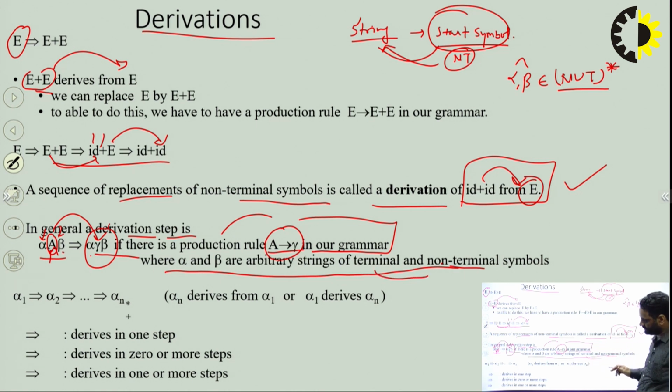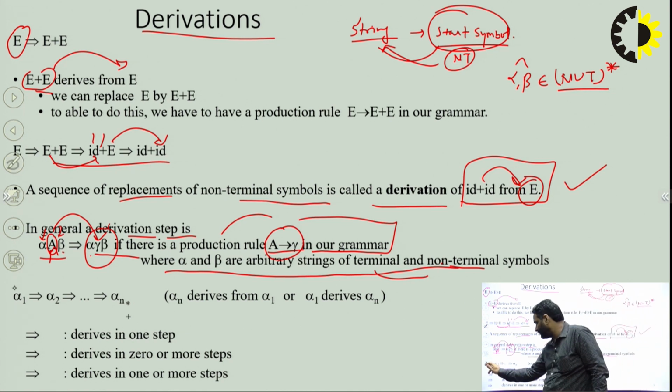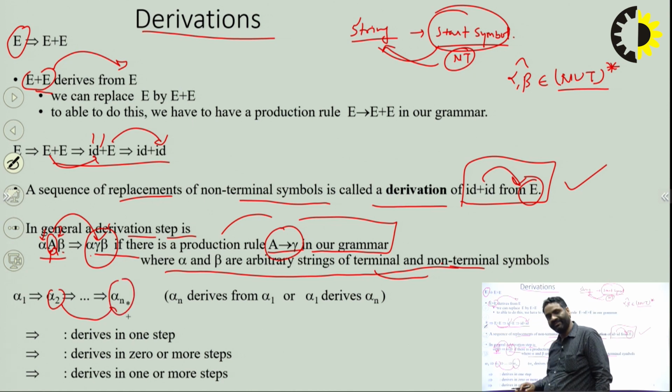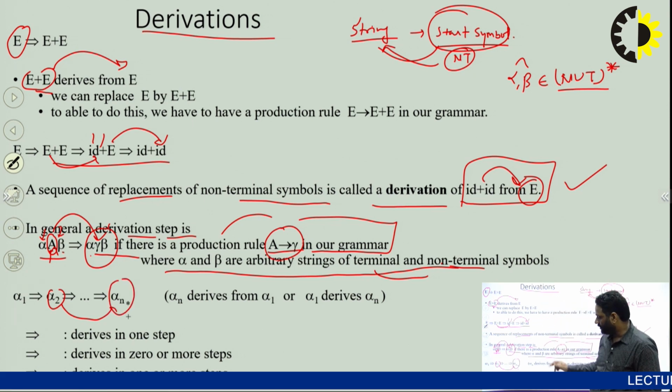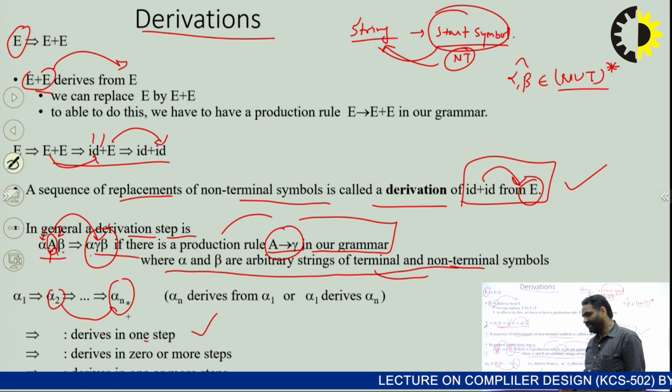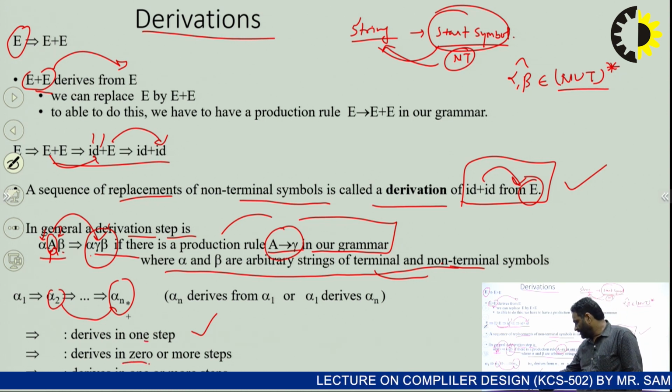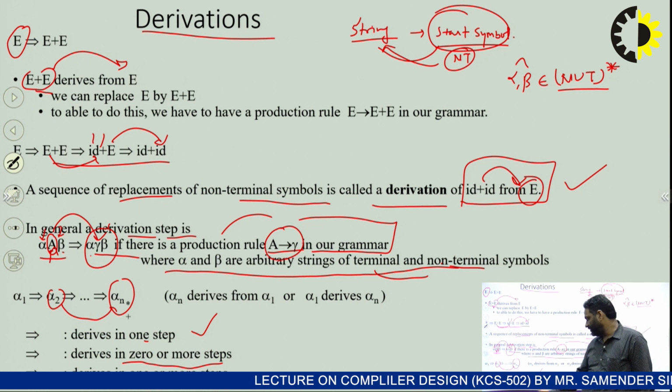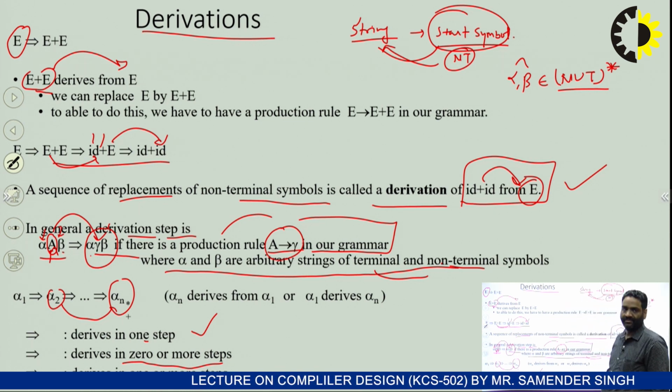So we can say alpha 1 first step, then alpha 2 second step, and finally we get our string after a number of steps. So we can derive our required string in one step, in 0 or more steps, or in 1 or more steps.